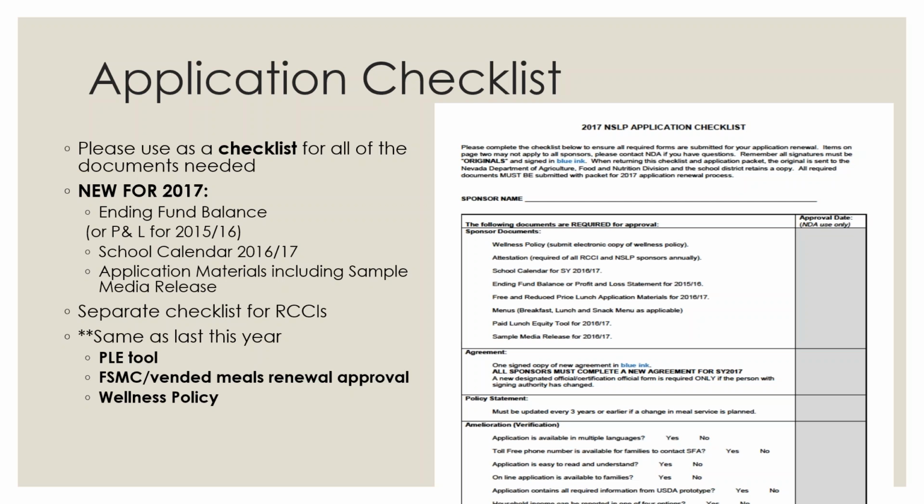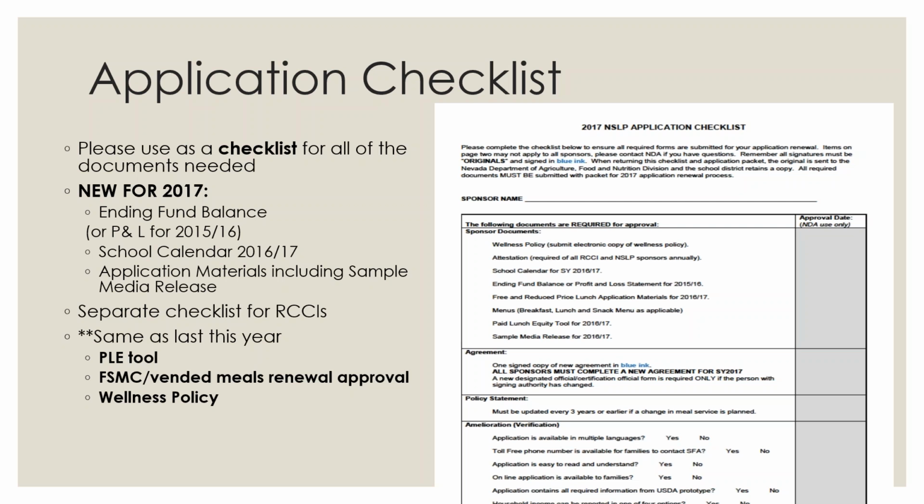And also, we would like your application materials for the upcoming school year, including your sample media release. So this is an area that we've seen in the past year of administrative reviews that not all folks have this sample media release completed.